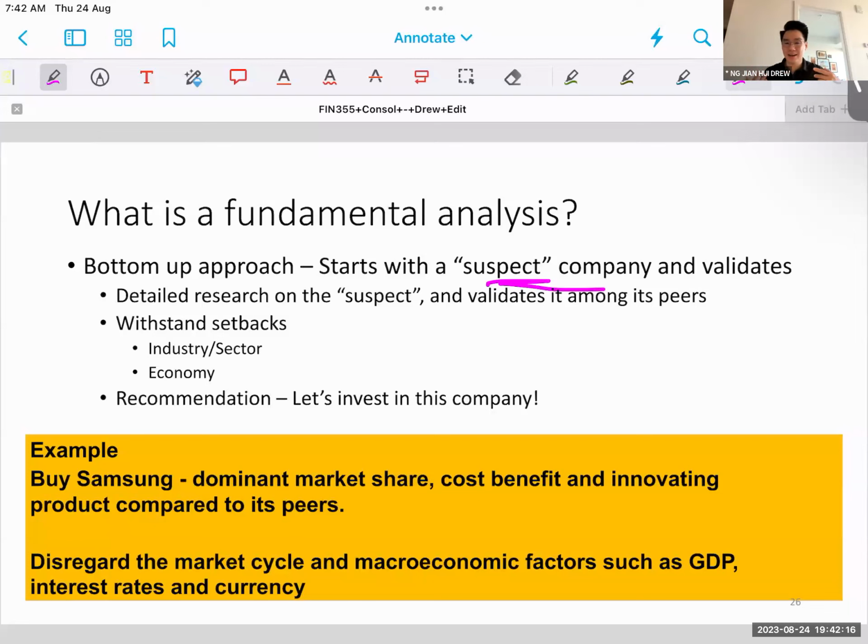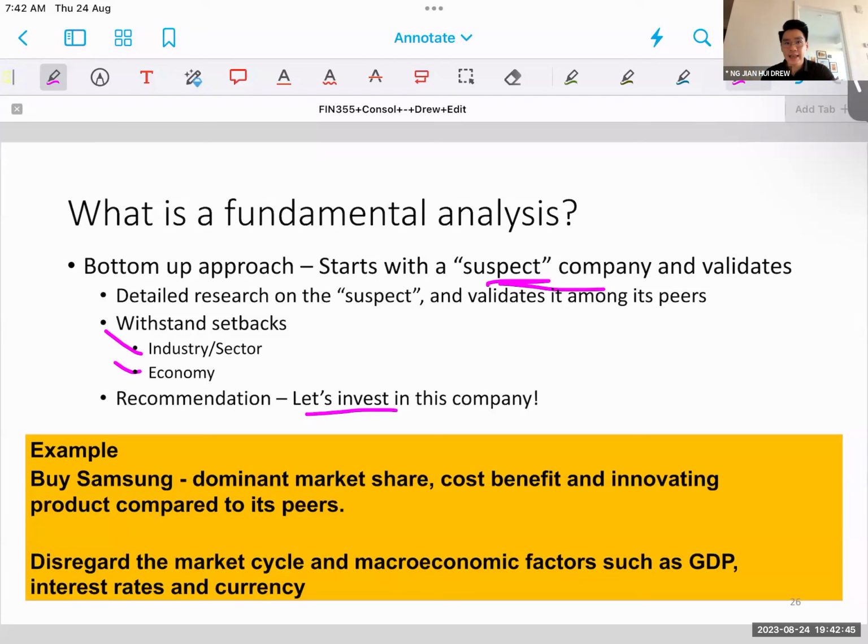We can't say that it's the actual company that we want to invest in, but it's a suspect. And then from there, we build in the industry analysis, the competitor analysis, the economic analysis, and then we justify why we want to invest in this firm. And finally, we make a recommendation to say, okay, let's invest in this firm. So this is more of a bottom-up approach.